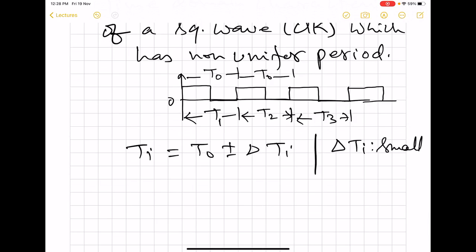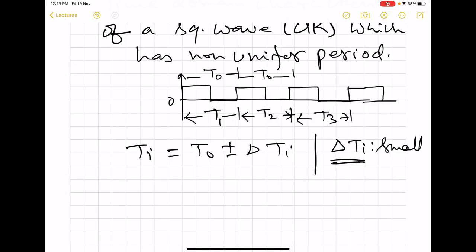But unlike the phase noise aspect, this need not always be random. So whenever we use a clock like this, we always want the period to be exactly equal to the same value, because everything in the clock driven system will occur either at the rising edge or the falling edge. So if these two edges are occurring either early or after the ideal case, then there will be an issue in the system.